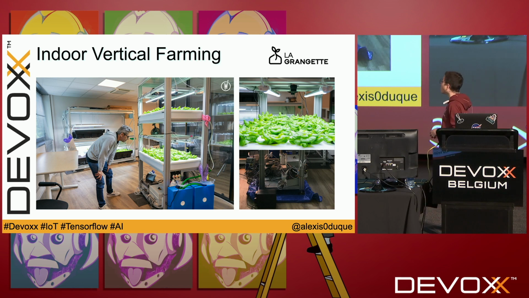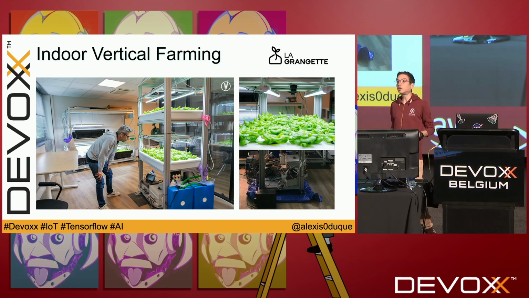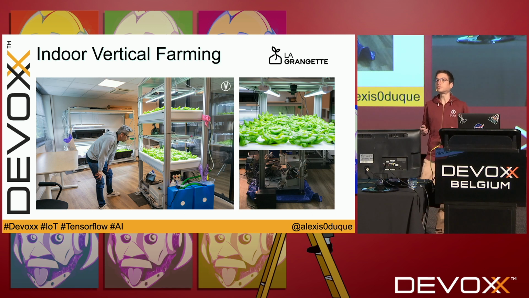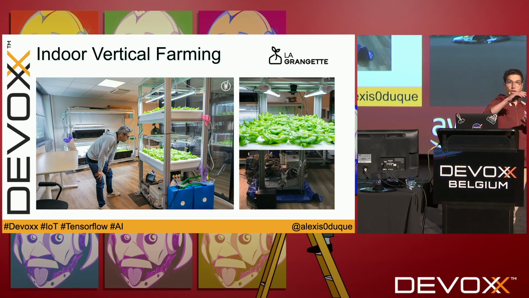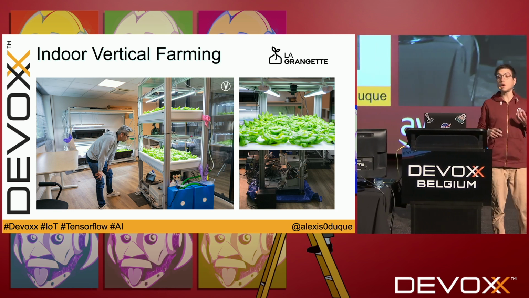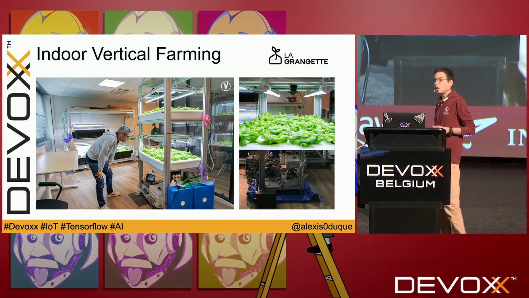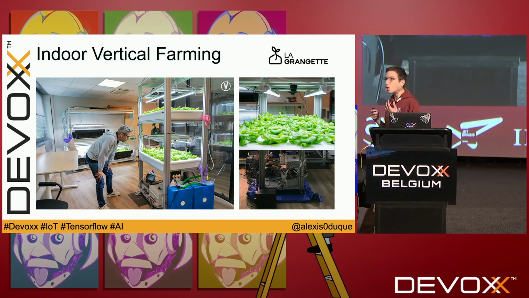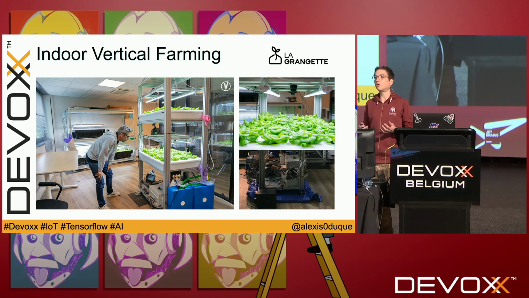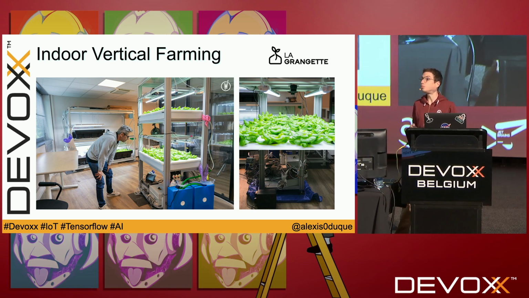So indoor vertical farming is a procedure to produce food and vegetables like lettuce in stacked layers, such as in a skyscraper or in a container in a warehouse. It's becoming more and more popular these days because it helps improve the yield of the production.